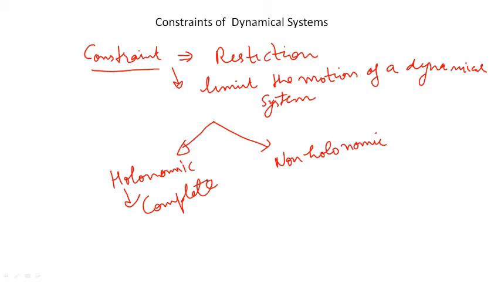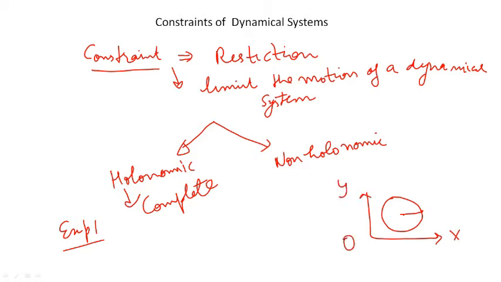Suppose the first example is here. Let us suppose that a particle is moving on the circumference of a circle. It is a two-dimensional case. This is the origin of the circle, and let us say the radius of the circle is r.